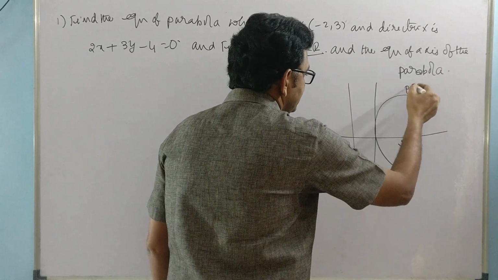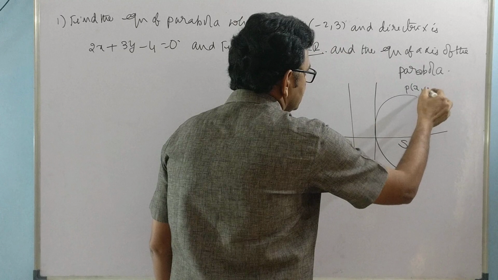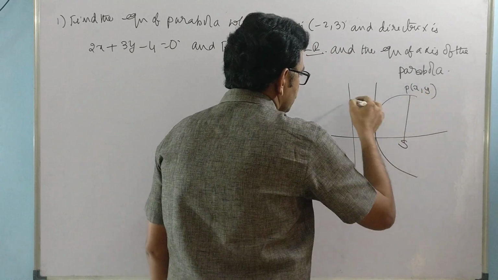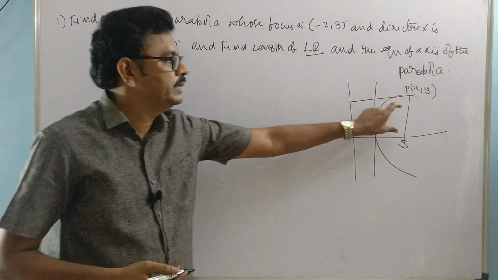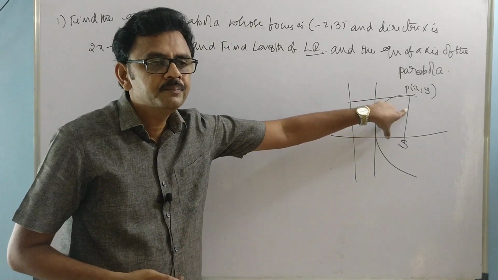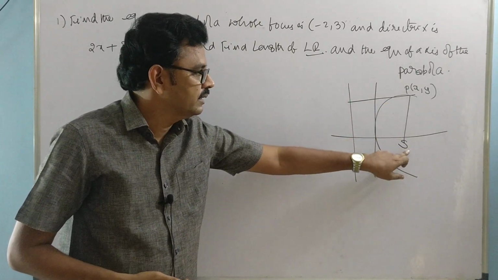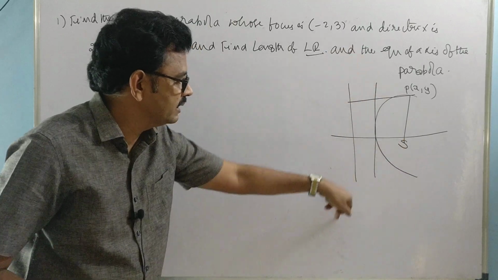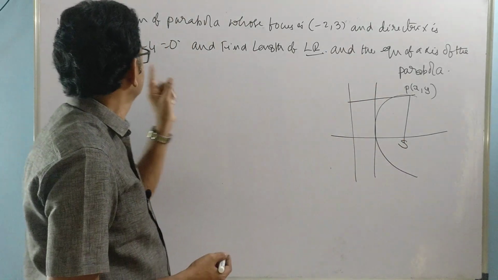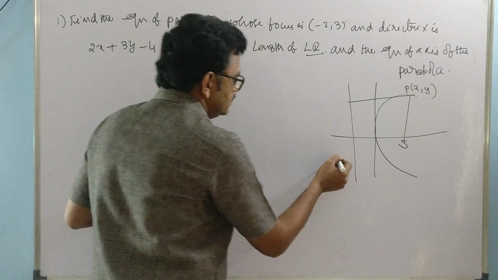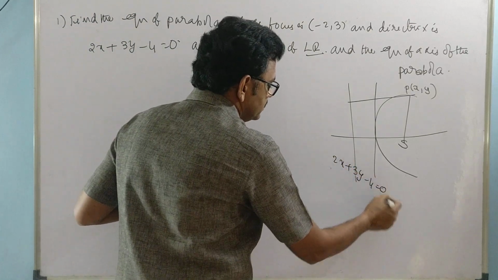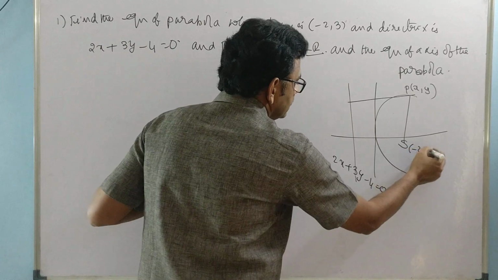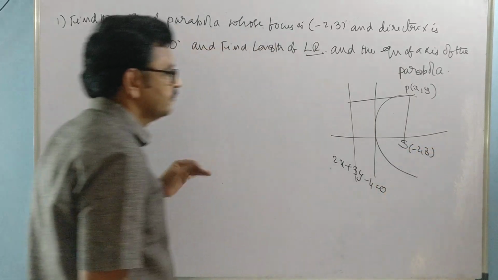Let the point P(x, y) be a point on the parabola. Now, according to the definition of parabola, SP is equal to PM, where S is the focus given. And this is the given directrix, 2x plus 3y minus 4 equal to 0. This is the focus minus 2, 3.